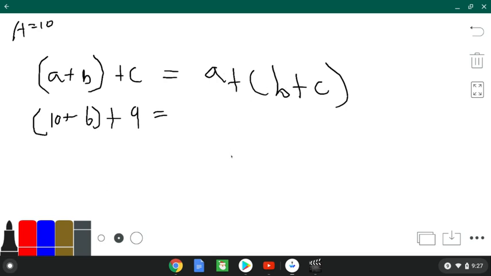A would still be 10, plus parentheses 6 plus 9. Whatever you get will be the same answer. I think the same thing applies to multiplication. I'm not sure if it works for division because division is weird, and you can search it up.